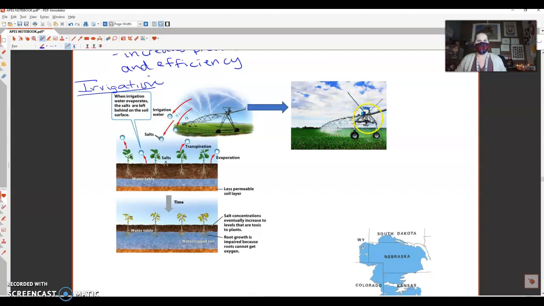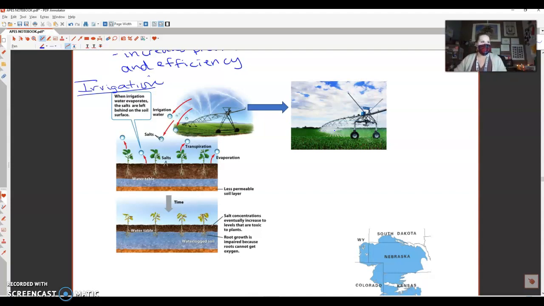So with the lack of rainfall, it's important for farmers to be able to give their plants enough water to have correct food production. Now, there are problems with irrigation. It's not a 100% safe, perfect method either, because you can have too much irrigation. You can have too little irrigation. So you've got to find the right balance.